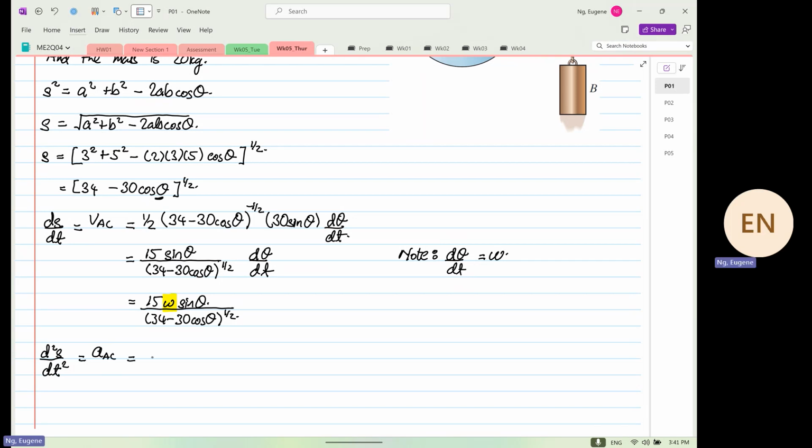So this is equal to d over dt of 15 omega sine theta over 34 minus 30 cos theta power of half. Okay.